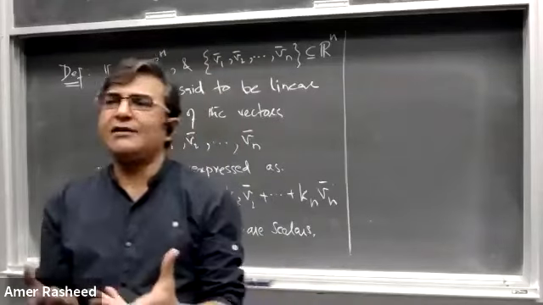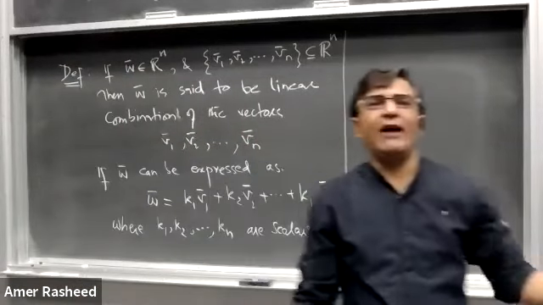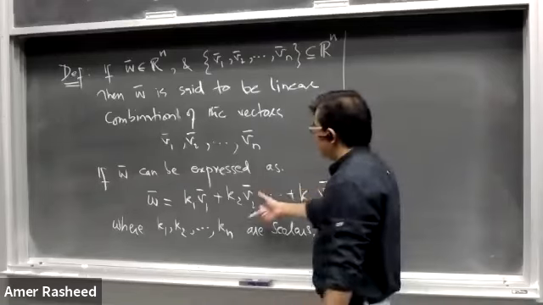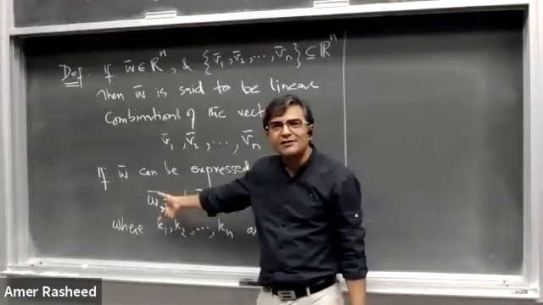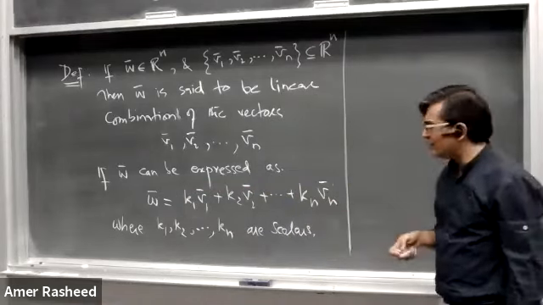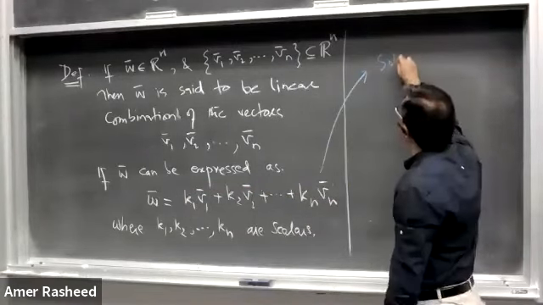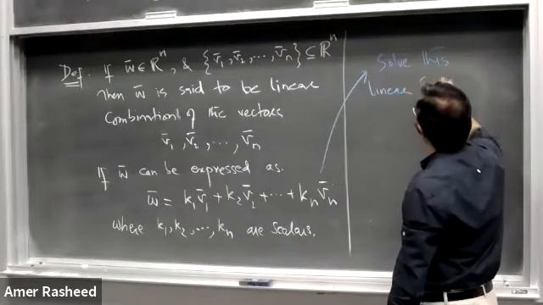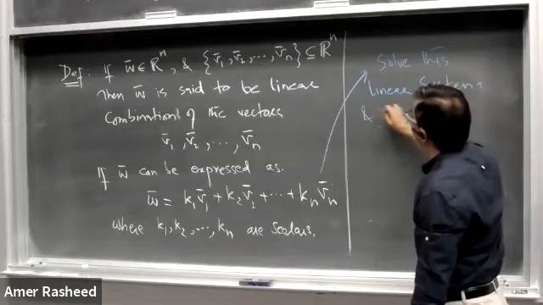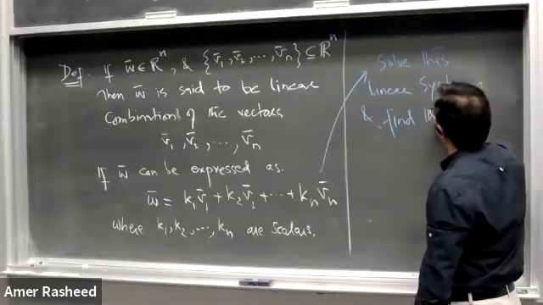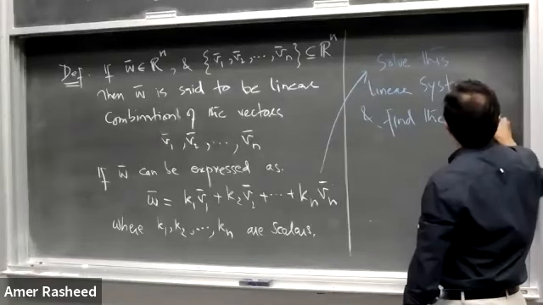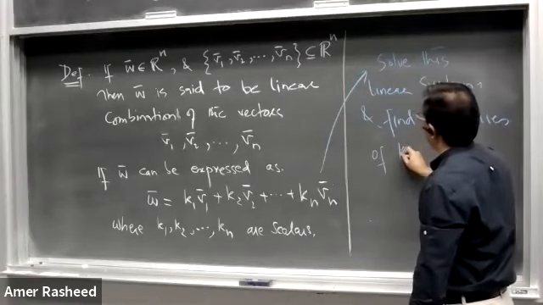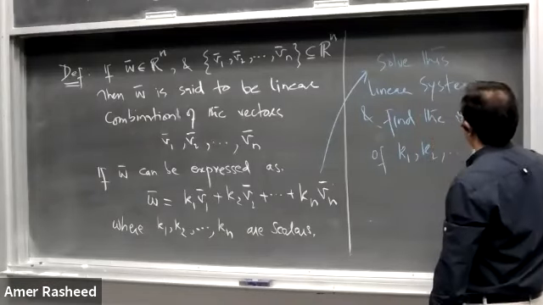So if you want to know whether we can write any particular vector as a linear combination of some other vectors, what we do, we write this expression, this linear system, and solve for it, and find the values of k1, k2, so on, kn.